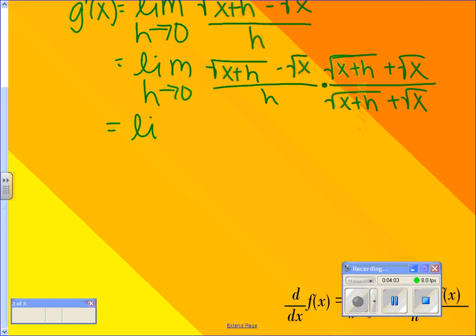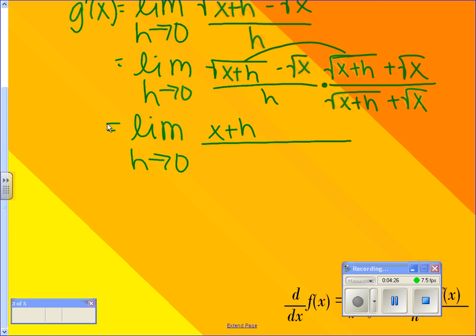So we have the limit as h goes to 0. What are we going to have to do? Distribute. So that's that, right? What's going to happen when we multiply that one and multiply those two? Because it's the conjugate, do we really need to multiply those two and write it out?